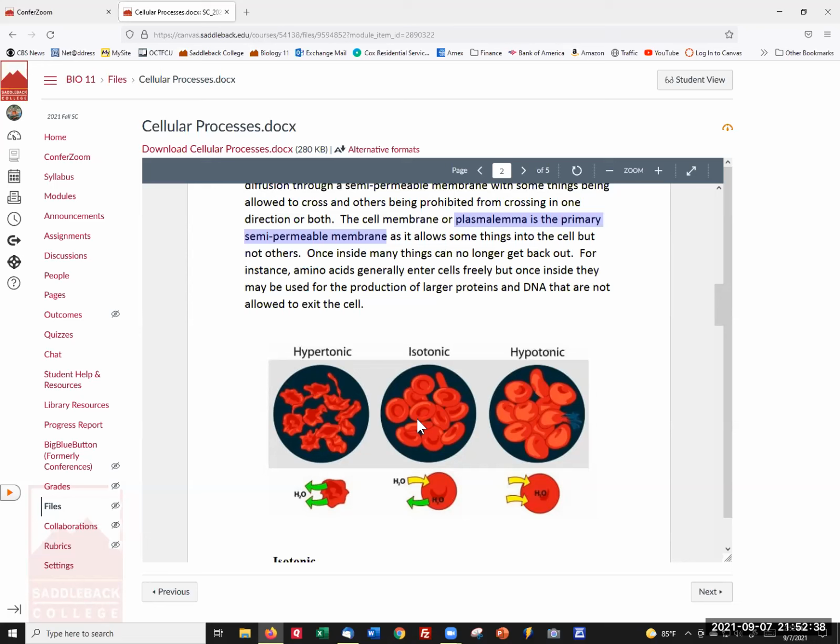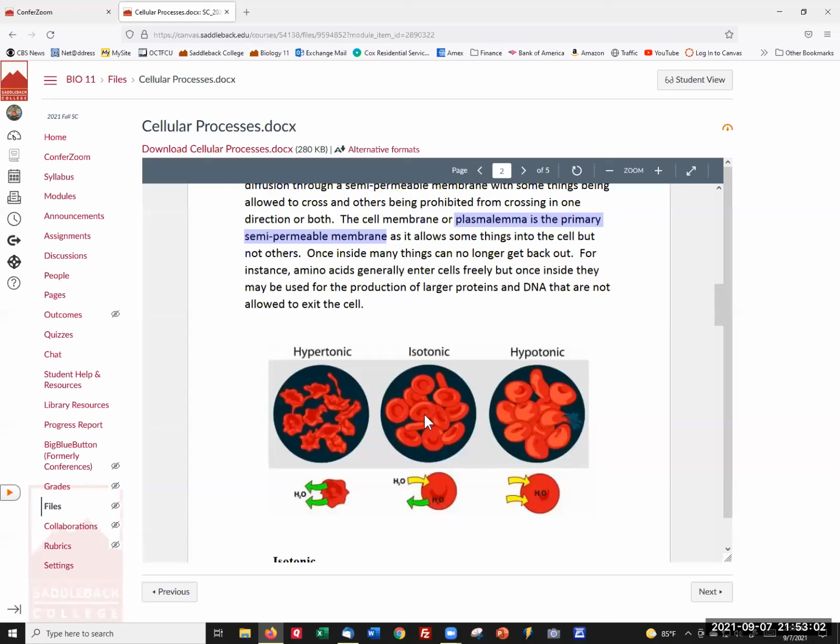But in our example, for salt and water, it's going to be permeable to both. So we have a concentrated solution in the plasma out here in the black of vital salts and water.